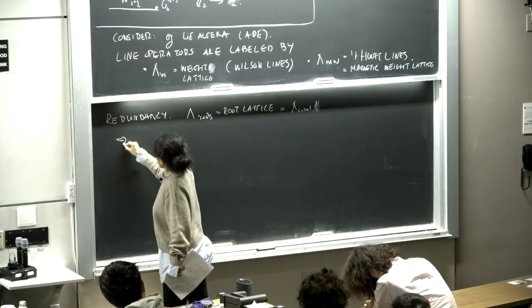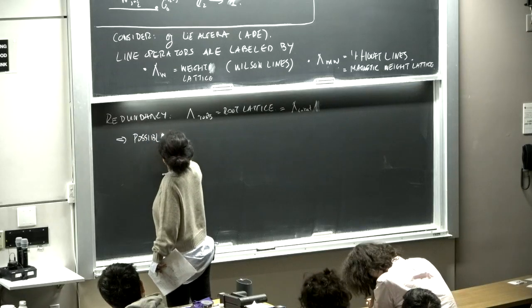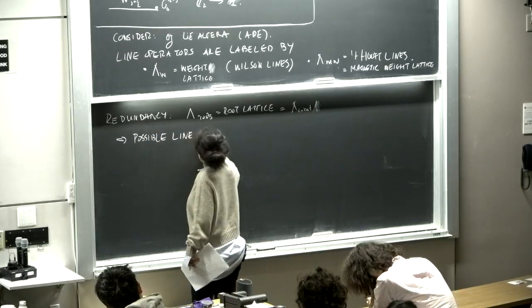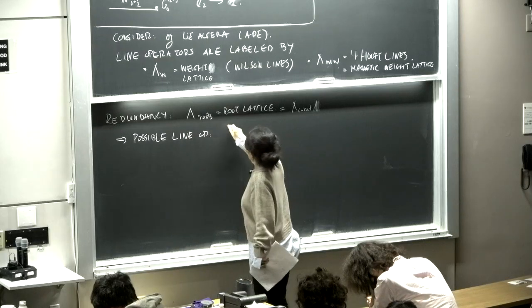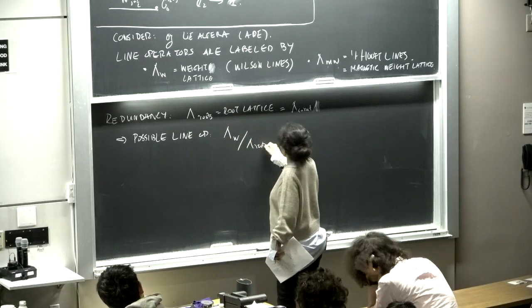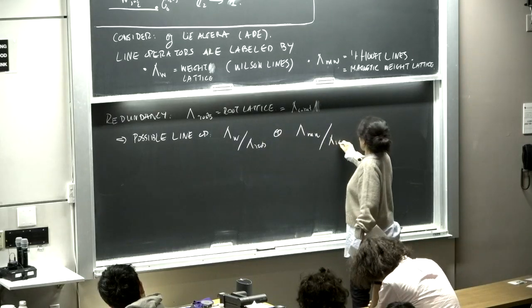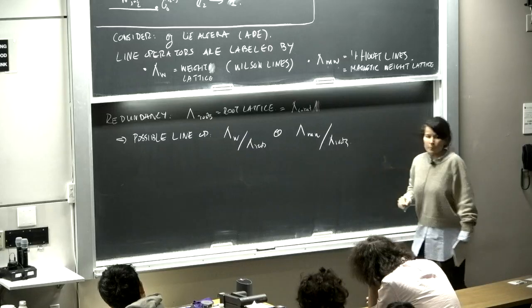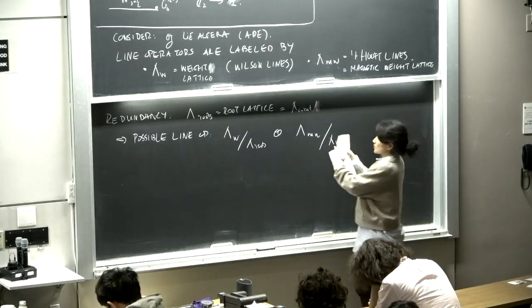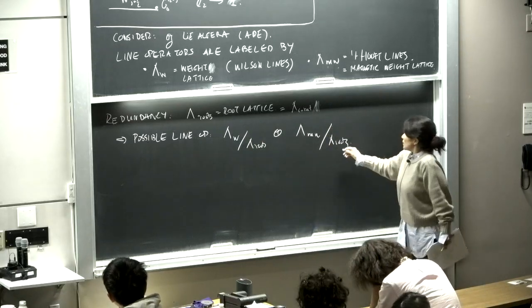Then all the possible line operators are in fact Lambda W mod roots plus Lambda magnetic weight mod roots. Before, you were just looking at this here and saying that's what we have for the SU(2) gauge theory.